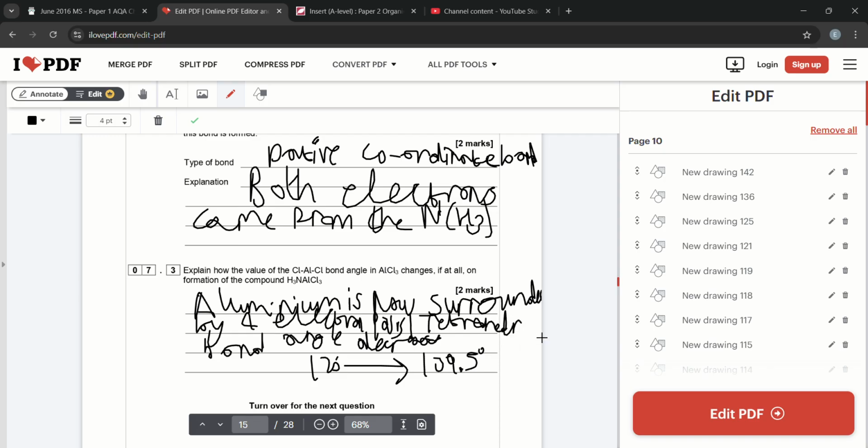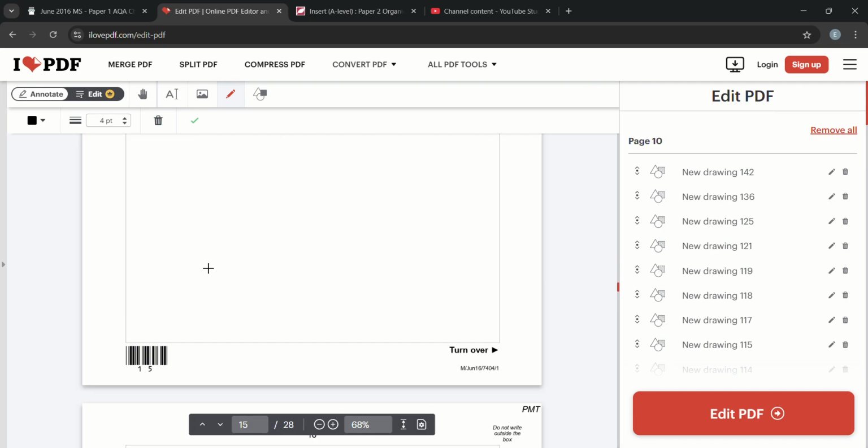And therefore the bond angle Cl-Al-Cl decreases from 120 degrees to 109.5 degrees. That is the end of question 7.